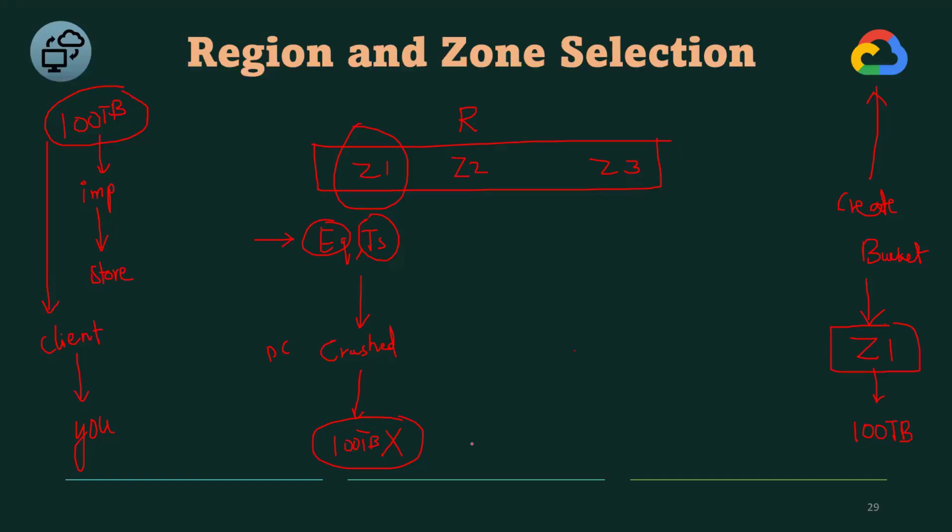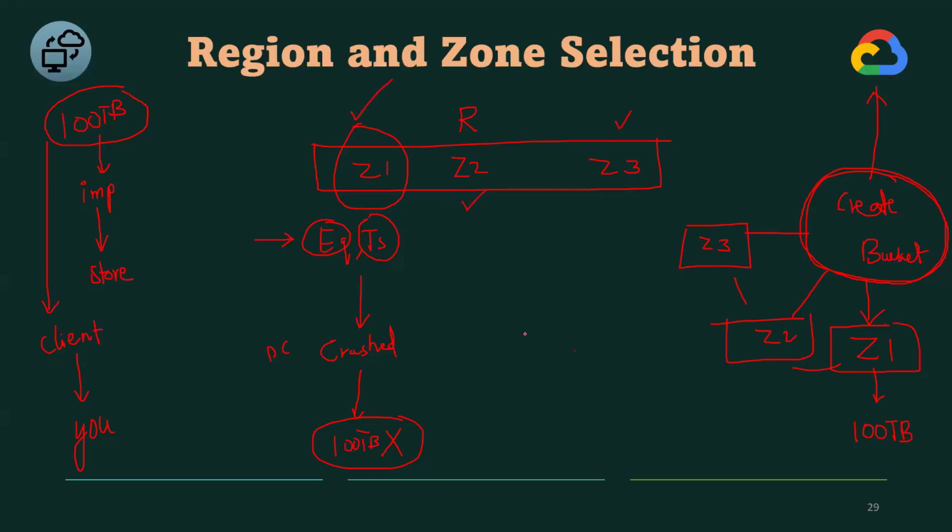So that is the reason while creating any resource in GCP, if it is very important, try to deploy it in multiple zones, so that your data is available in zone 1, zone 2, zone 3. Here also it is available. Here also it is available.